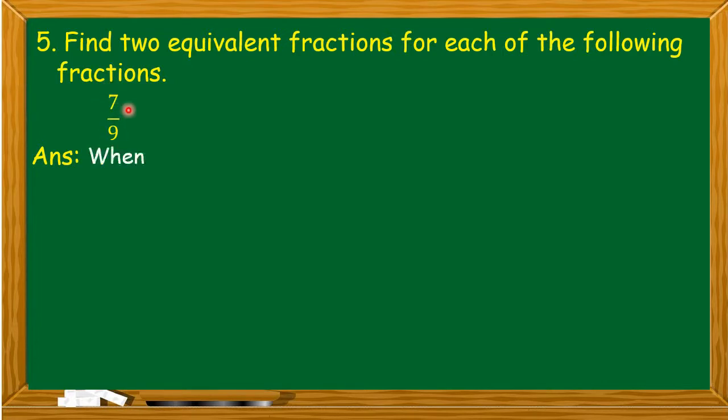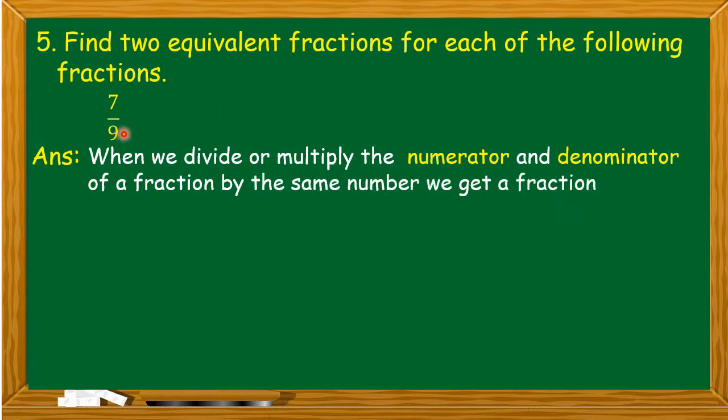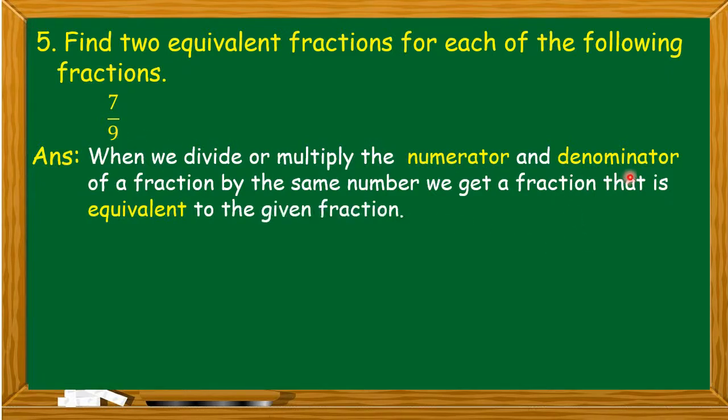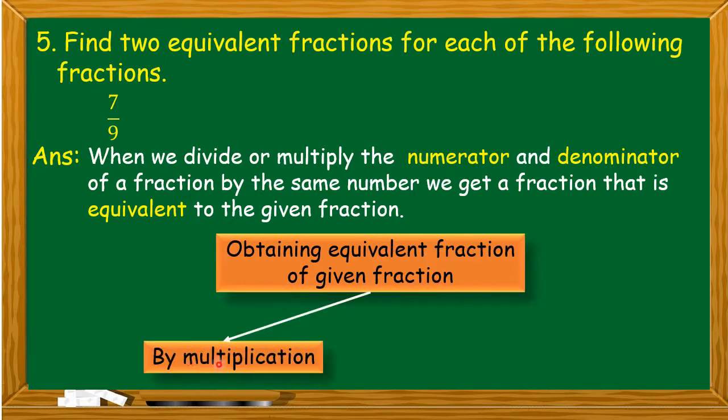We have learned that when we divide or multiply the numerator and the denominator of a fraction by the same number, we get a fraction that is equivalent to the given fraction. So we have two methods to obtain an equivalent fraction of a given fraction. First method is by multiplication and the second method is by division.